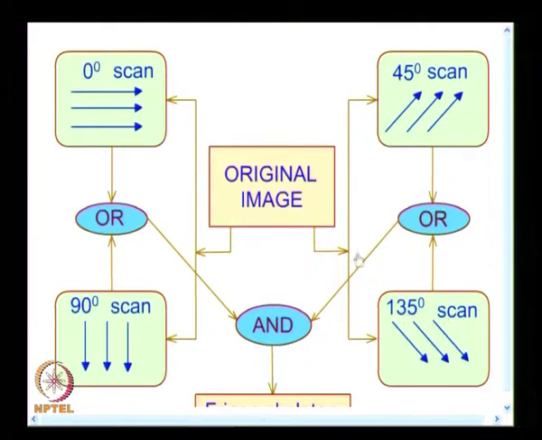So, in essence, once I have an original image, I will globally search the image only 4 times: at 0-degree, 90-degree, 45-degree and 135-degree. Because I do it only 4 times, no iteration is involved and the number of operations is fixed.